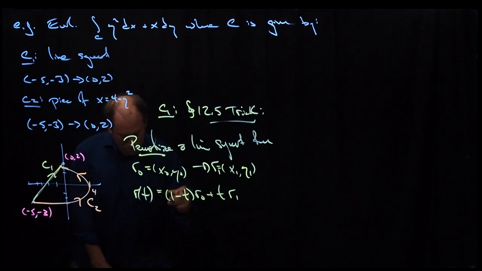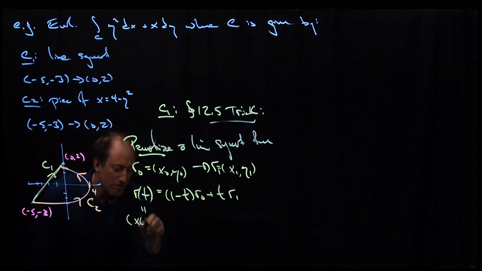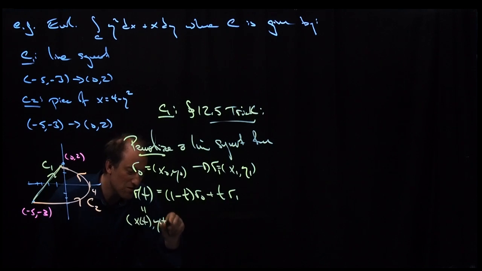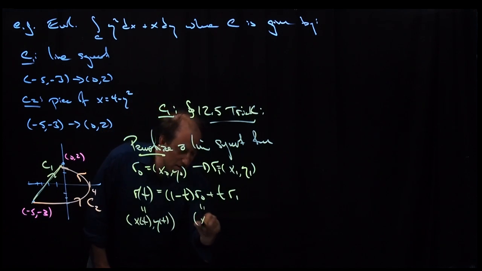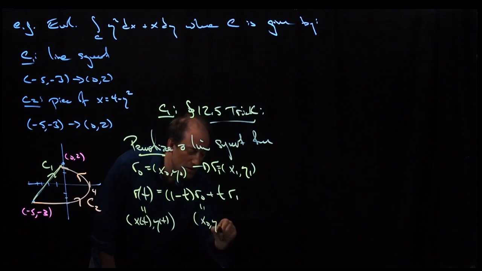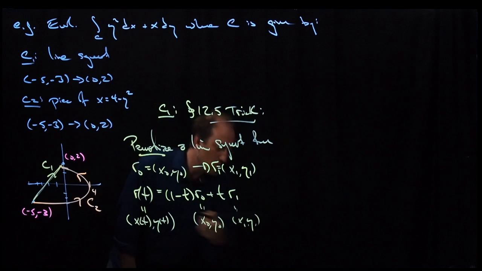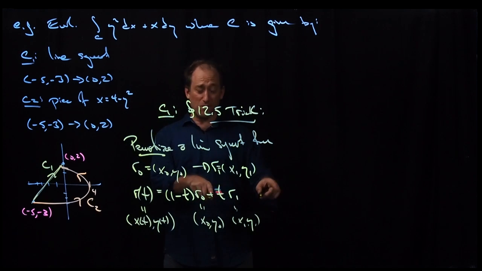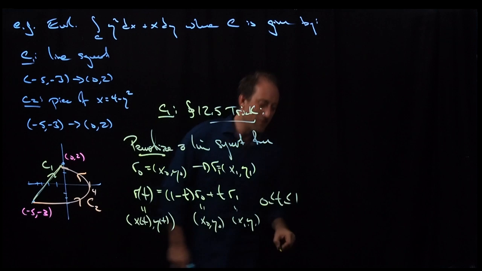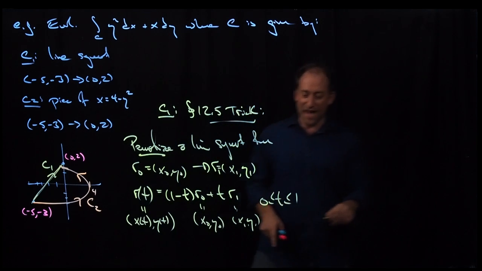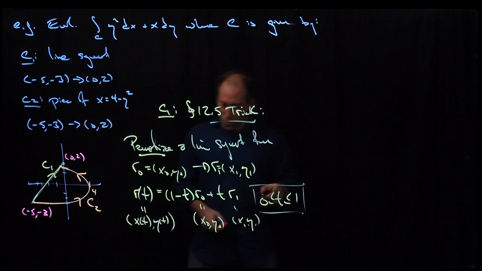I can expand this as the position vector of the point (x(t), y(t)). This then I can call (x0, y0), and this I can call (x1, y1). And under this parameterization, I get the very handy restriction that t is between 0 and 1.